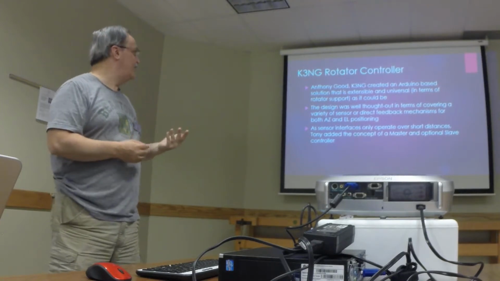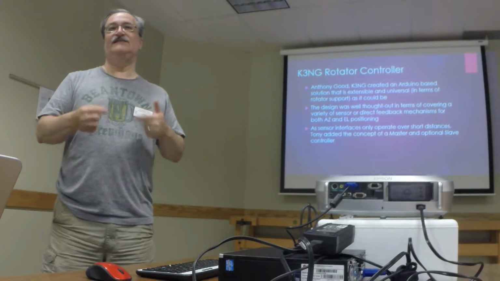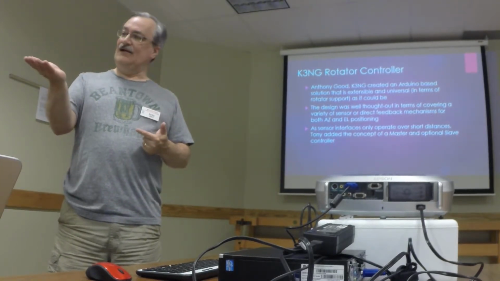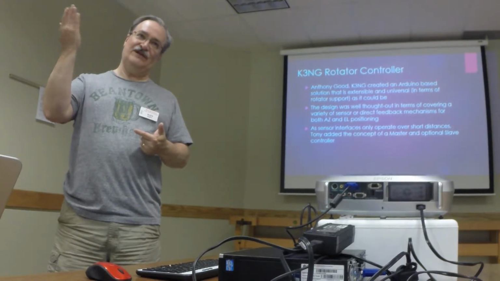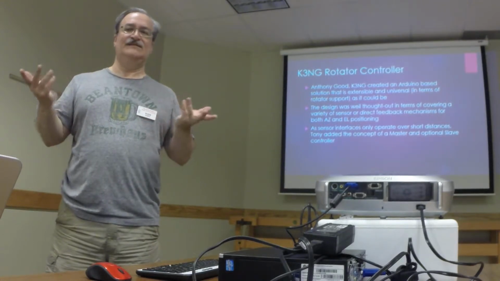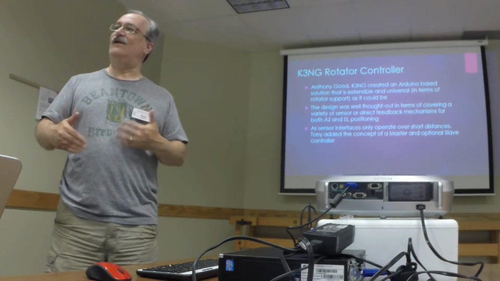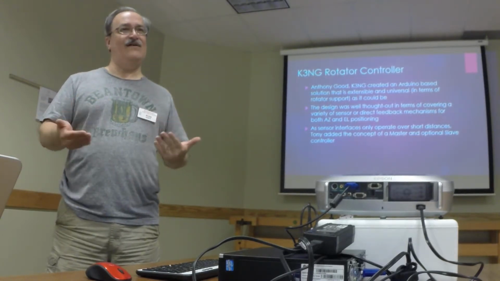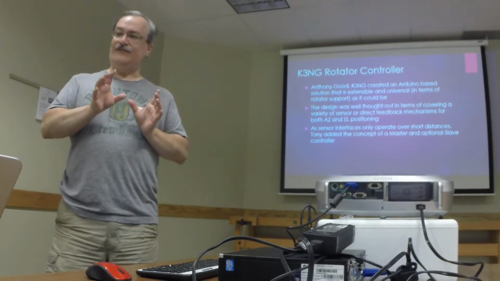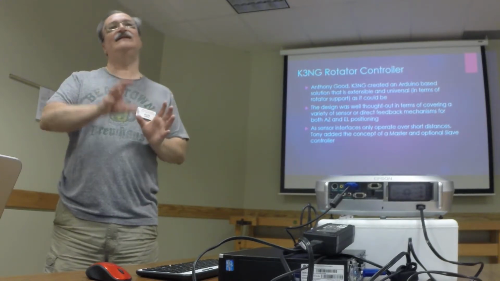And then he came up with a way of doing a master and slave, because as positioning sensors came out, digital compasses and accelerometers for elevation, they're all on I2C for the most part. A few are on SPI, but it doesn't matter. The distance limits are not going to bring you down a tower or a pole into the shack, so you have to have a better way to do that. So essentially, he created a way to configure his package for dual purpose as a master and a slave.